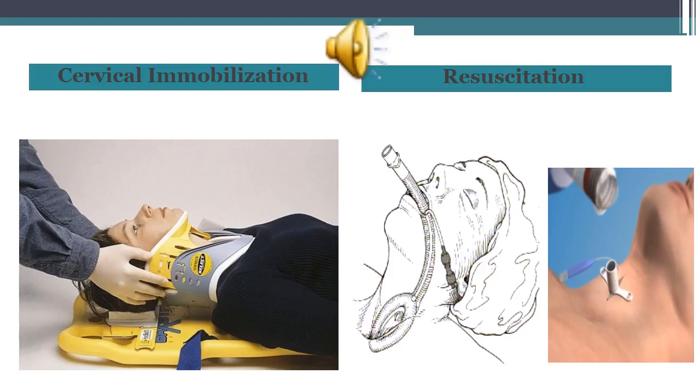And another important aspect in patients with severe head trauma is the resuscitation. One important aspect is to maintain patent airway by using endotracheal tube or tracheostomy tube, so as to secure the patency of airway.